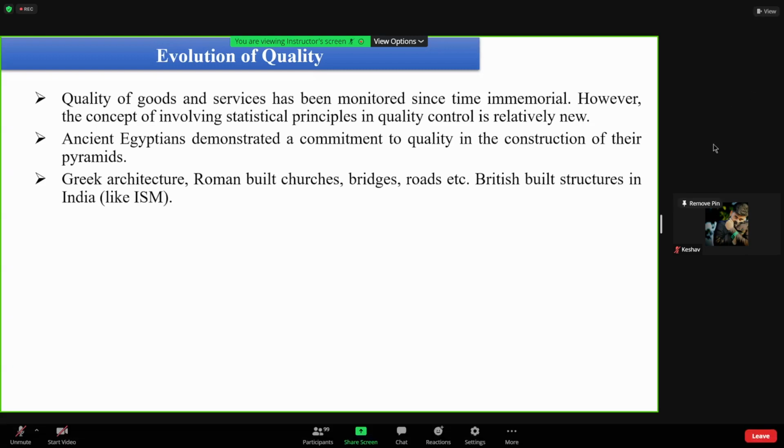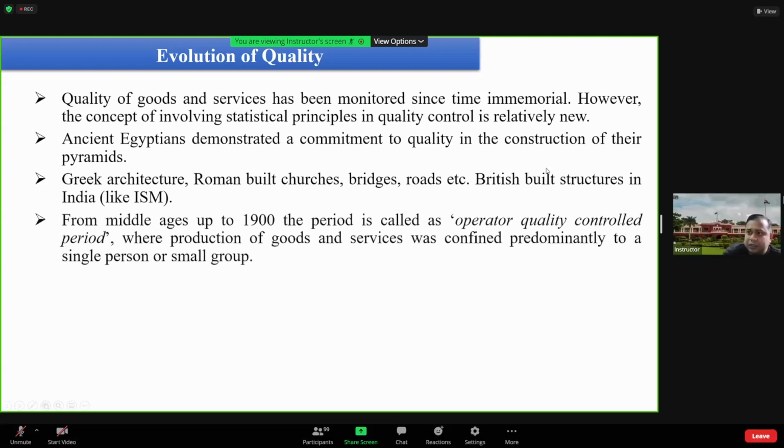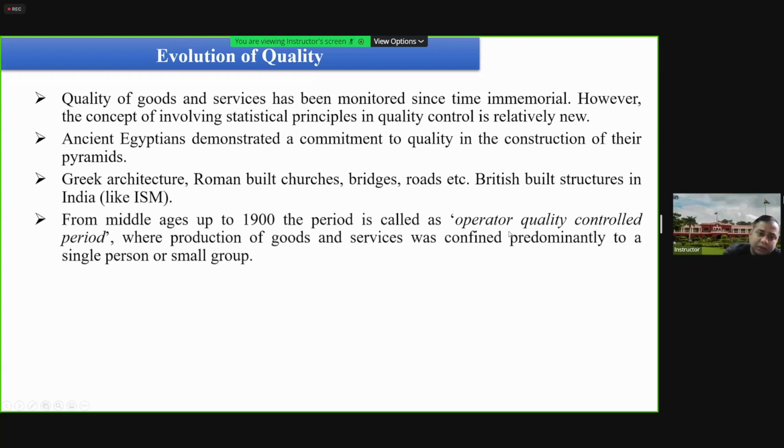In quality control, that era was called the operator quality control period, where, as mentioned, products were produced either individually by a person at home, or in a small group, like a family producing certain products and selling or bartering them for other things. So that was operator quality control.